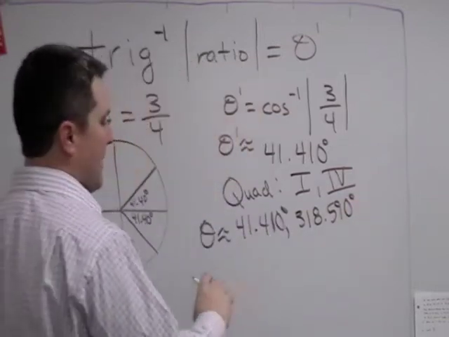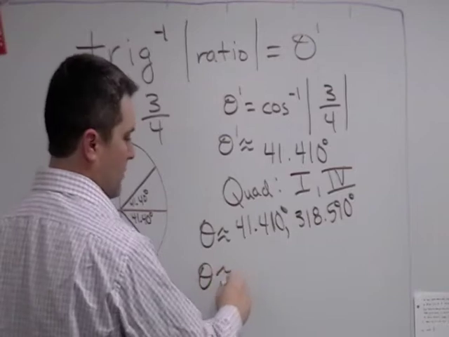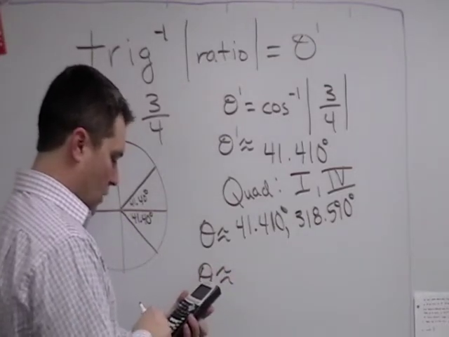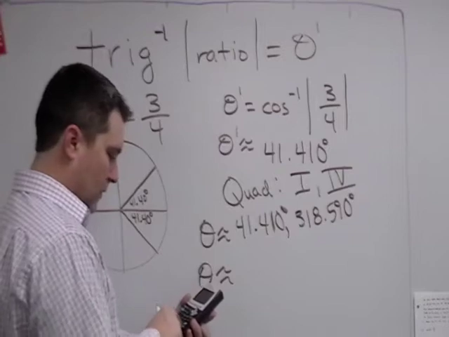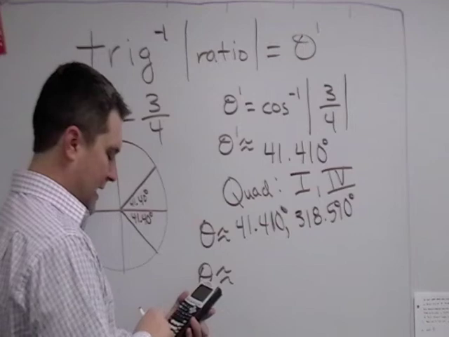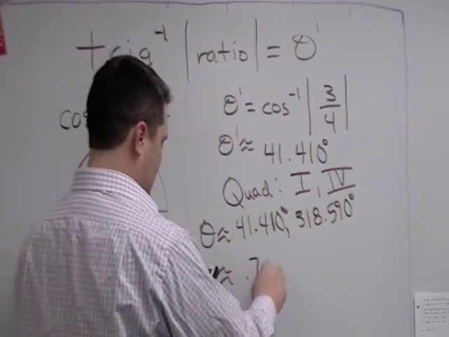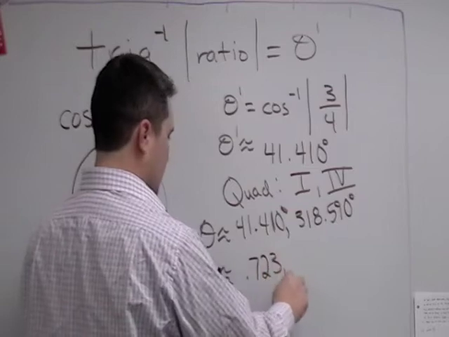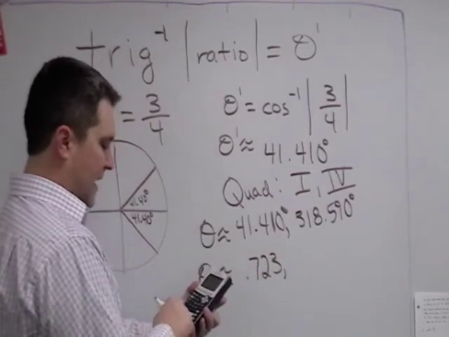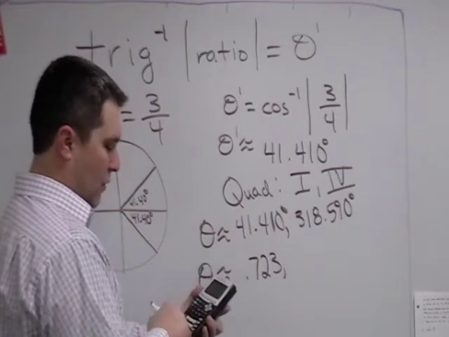Okay. Now all I'm going to do to find the radian is do our conversion. So I'm going to take 41.410 and multiply it by pi and divide it by 180. Okay, and that's going to be 0.723. And I'm going to take the 318.590 and multiply it by pi and divide it by 180.